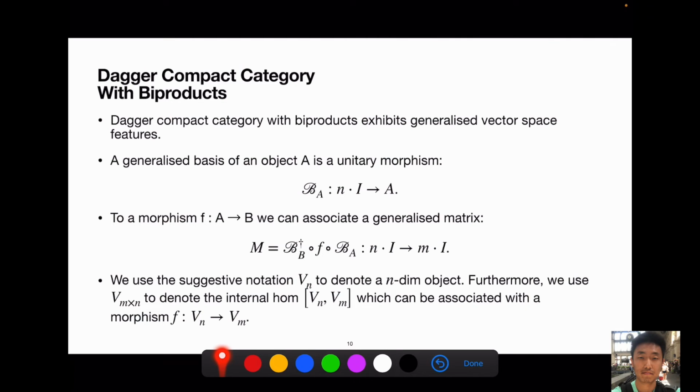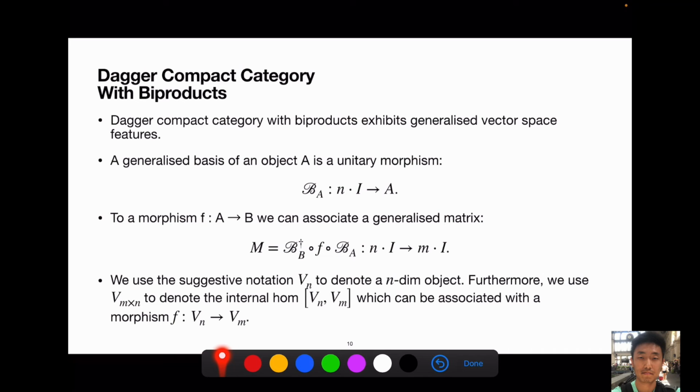Furthermore, to a morphism F from A to B, we can associate a generalized matrix M, which is equal to the basis of A, followed by F, then followed by the Dagger version of the basis of B. And that is from the n-fold biproduct of the unit into the m-fold biproduct of the unit.